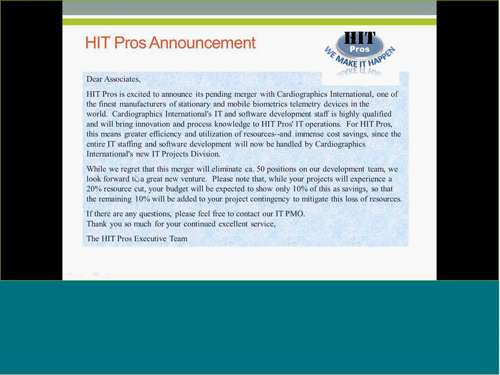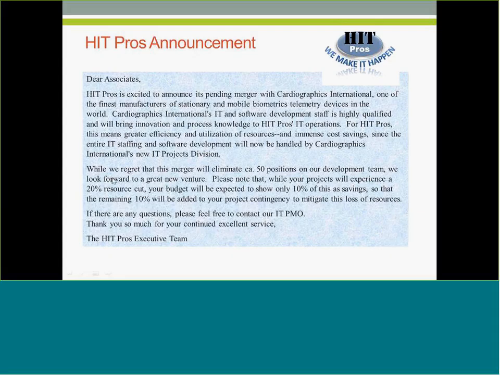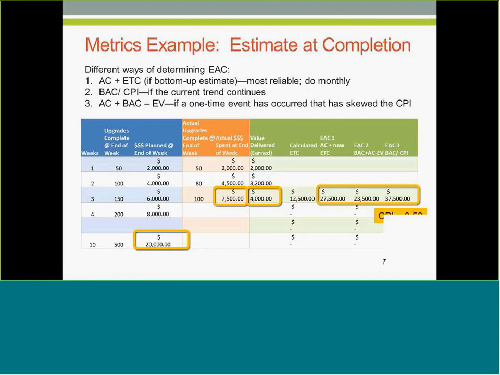So, for this week, the vocabulary that I really would like you to be familiar with is the communication plan, stakeholder expectations, which comes in fact from our book, the communication cycle: sender, message, receiver, decoding, and then any of the terms that we have used for our reporting.